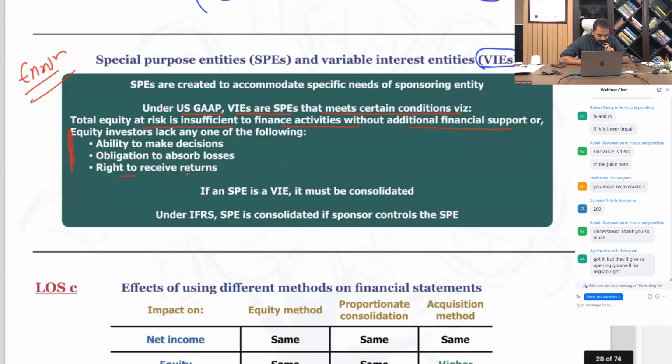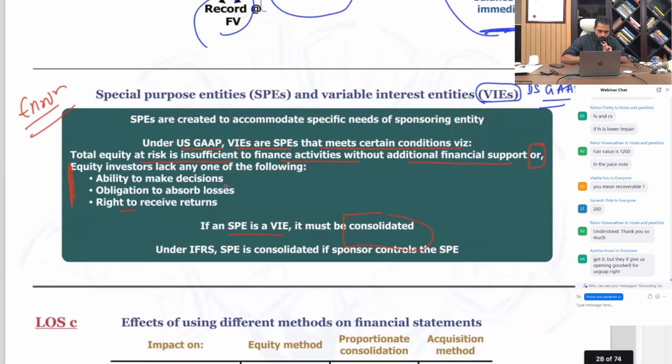If these conditions are met, and look at the "or" here, then the SPE is a VIE. If it is a VIE, it needs to be consolidated. So it's a two-part rule. Rule number one, if at-risk equity is insufficient.